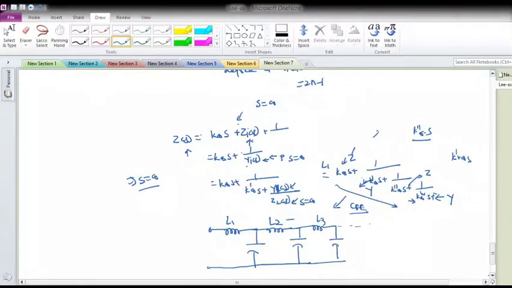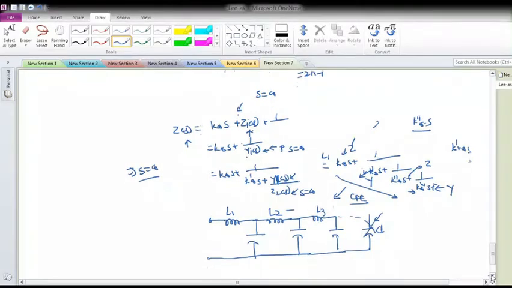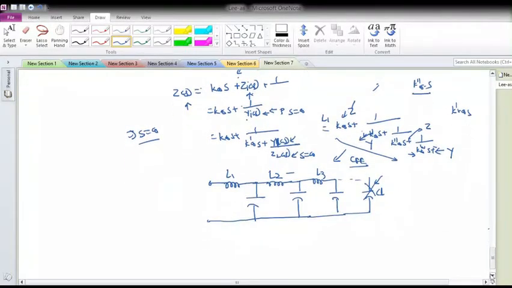That way it continues, and at the last you get the last parameter CL. This continues as long as the admittance exists. If the admittance is 0, this will not be there. This kind of form is called Cauer 1, where the inductor is in the series arm and the capacitor is in the shunt arm.